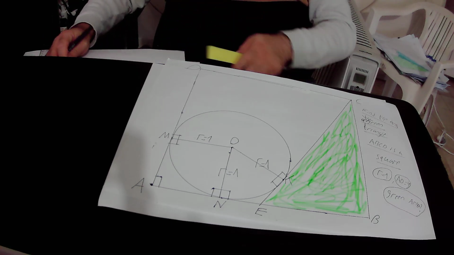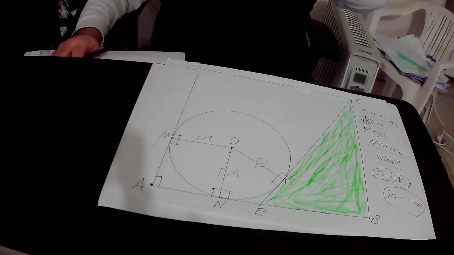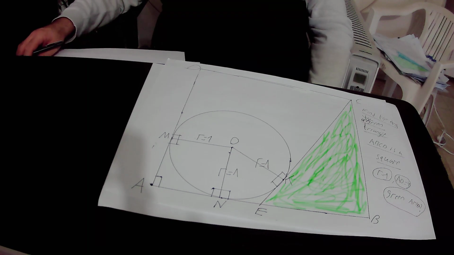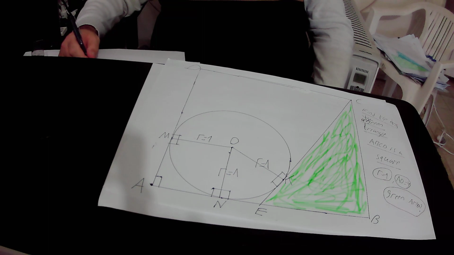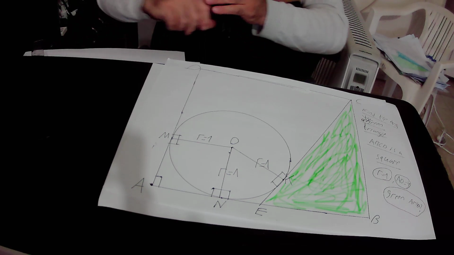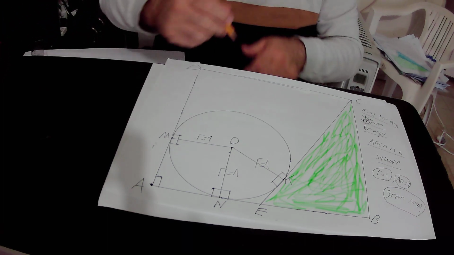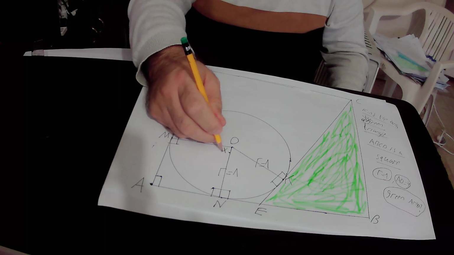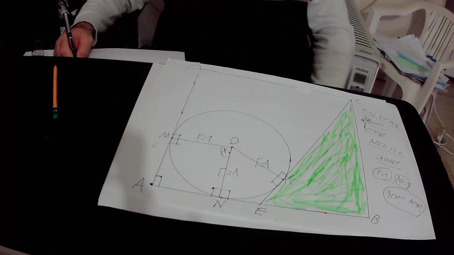It has 3 right angles, 1, 2, 3. The sum of 3 right angles is 90 times 3, which is 270 degrees, plus the size of the fourth angle that we will define as angle X. So 270 degrees plus the size of angle X.